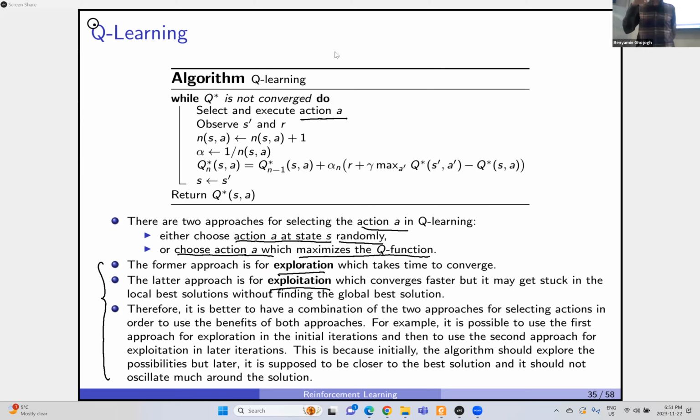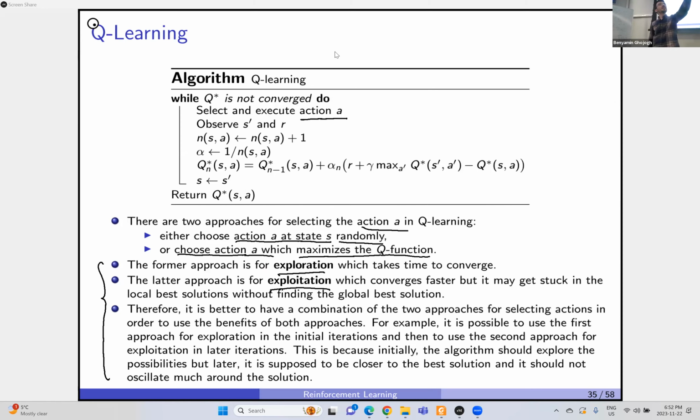That's why there are several ways to do that. First off, like what we discussed in metaheuristic optimization, we can start by exploring, and then in the later iterations we can just exploit, right? Because in the later iterations I don't want to oscillate around my solution. I'm supposed to be close to my solution.